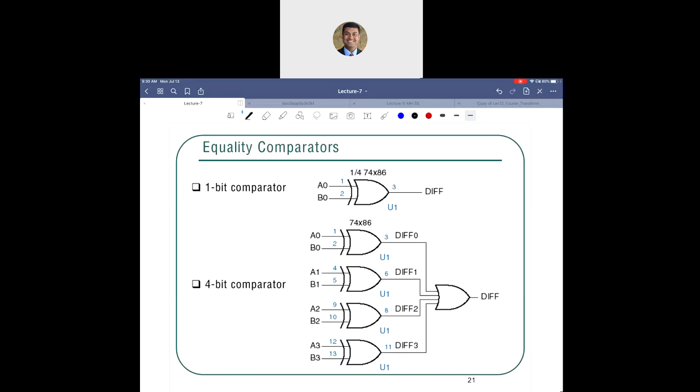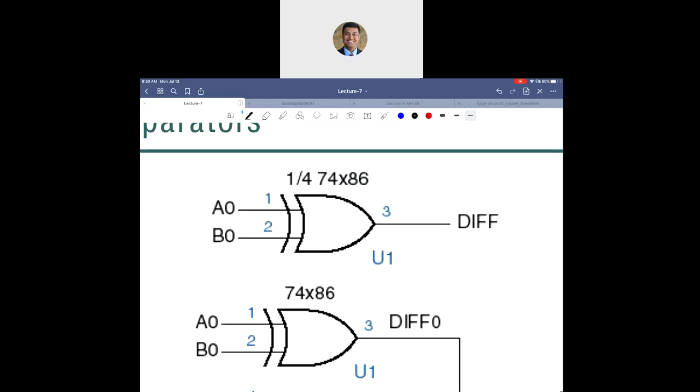So let us see if we can compare 2 bits. We have A0 and B0. By simply using an exclusive OR gate, I can find out whether they are different or not, right? The output, which is called different, is going to be 1 when these two guys are different. And it is going to be 0 when A0 and B0 are the same.